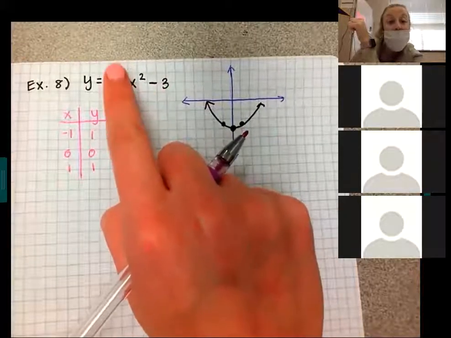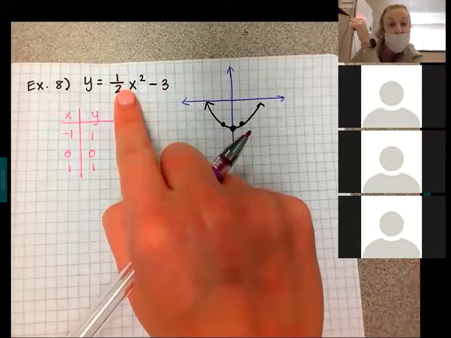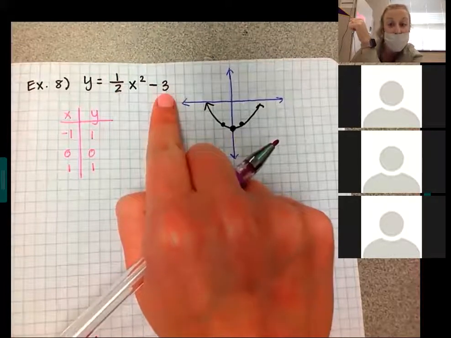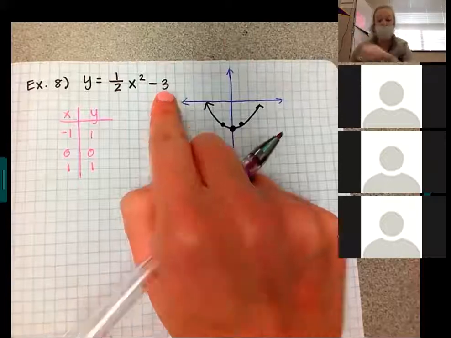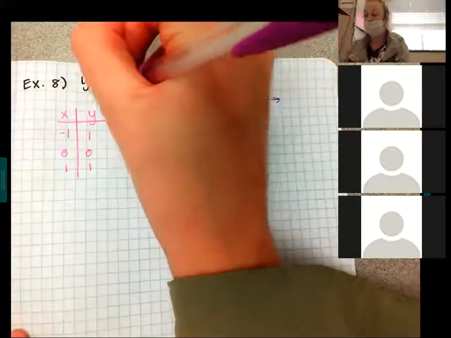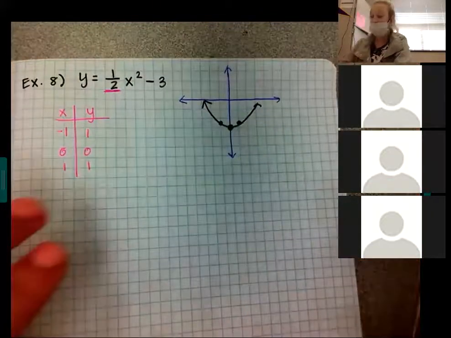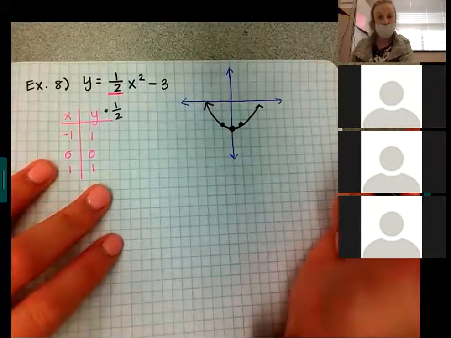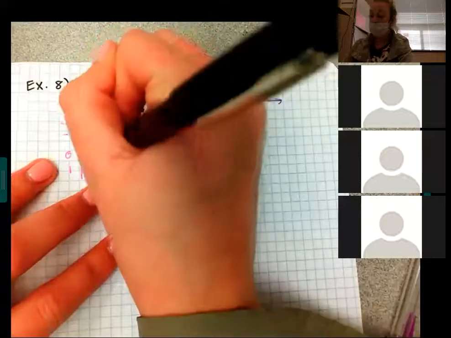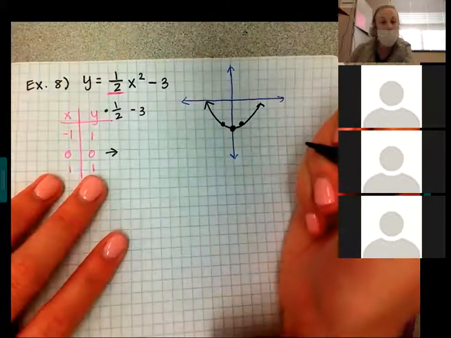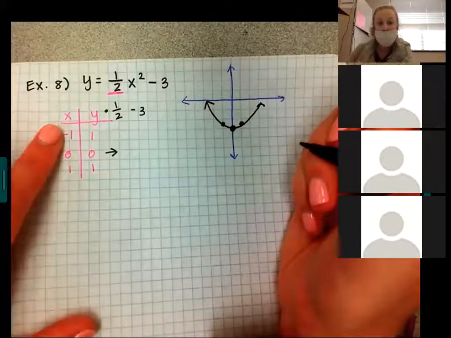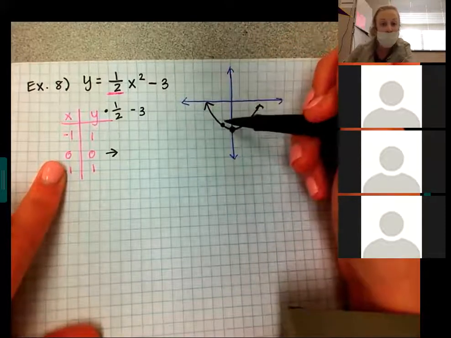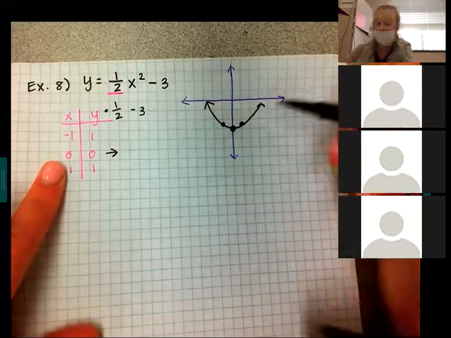So we got to multiply it by 1/2, and then I can subtract 3, and that'll give me my ordered pairs. So watch, this 1/2 is not in parentheses with the x, which means it is with the y. So I'm going to multiply by 1/2 and then subtract 3, and that should tell you what your new ordered pairs are. So my x's aren't going to change, and if you look at this graph, they don't change. It's -1, 0, 1.